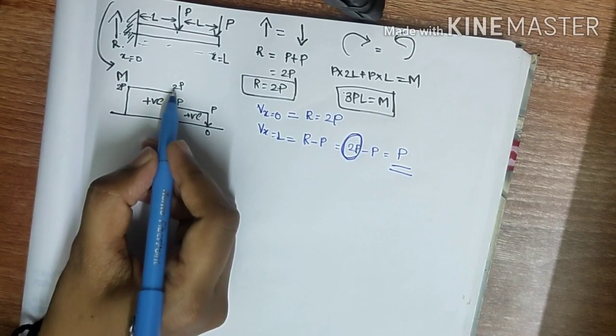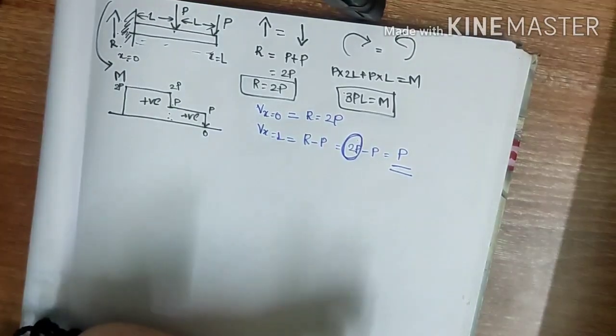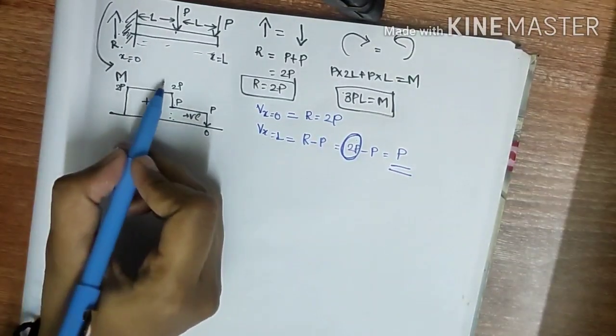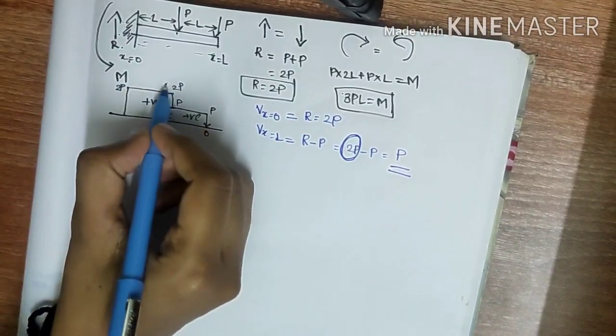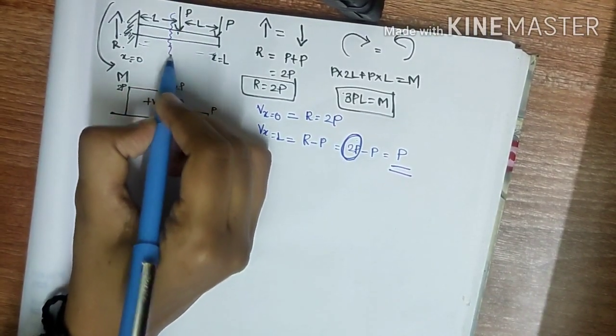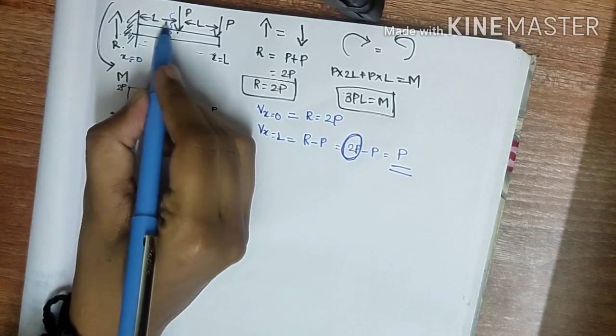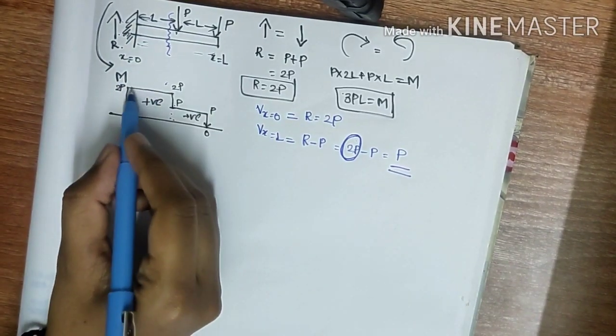First, if there is a point load, just consider before the section. Before that it is 2P.